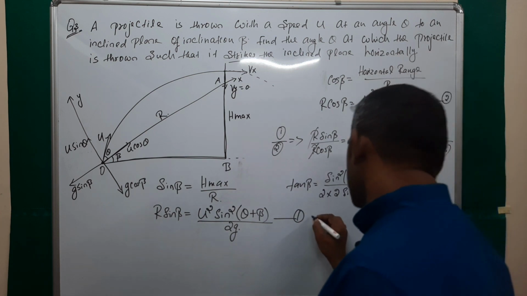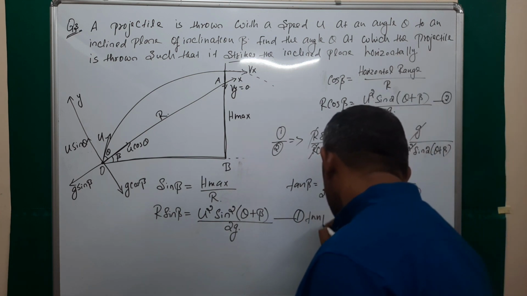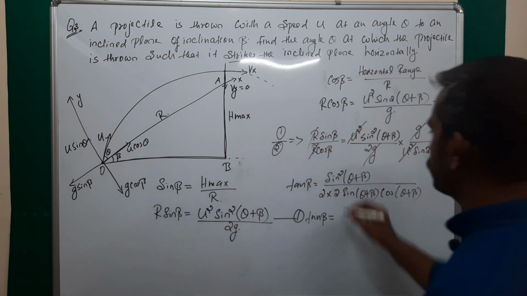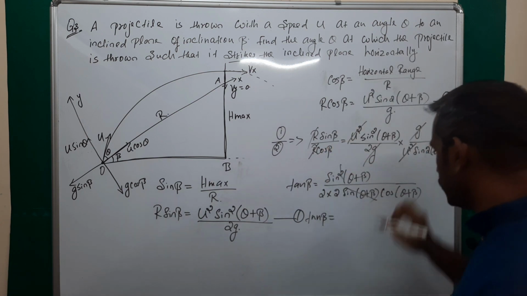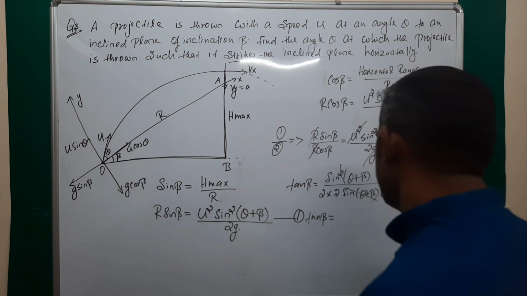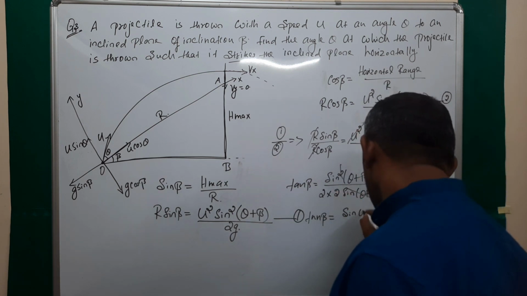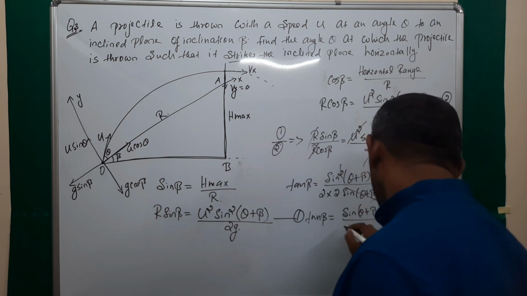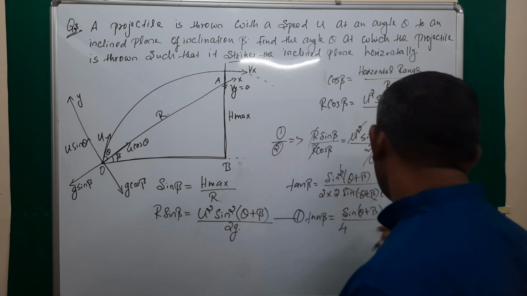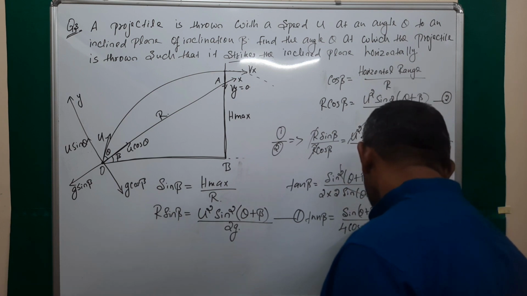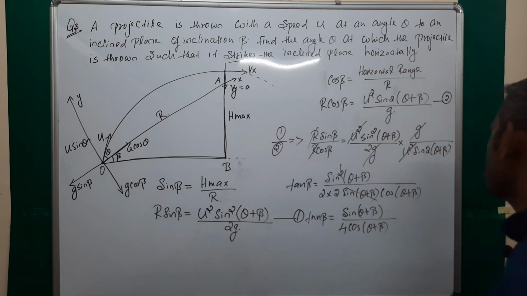So sin theta plus beta can cancel, and tan beta is equal to sin theta plus beta divided by 4 into cos theta plus beta.